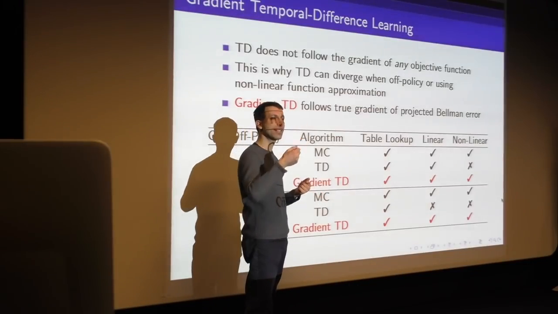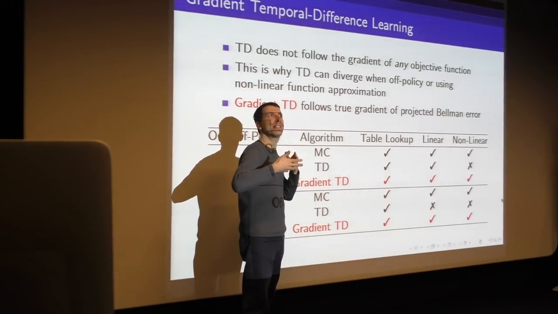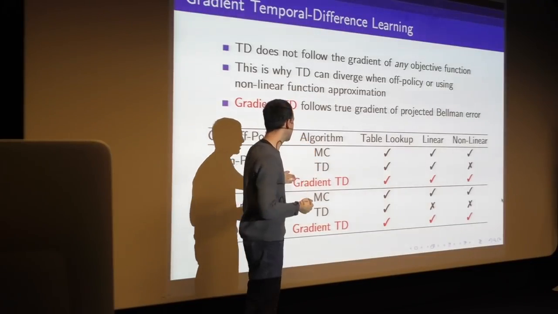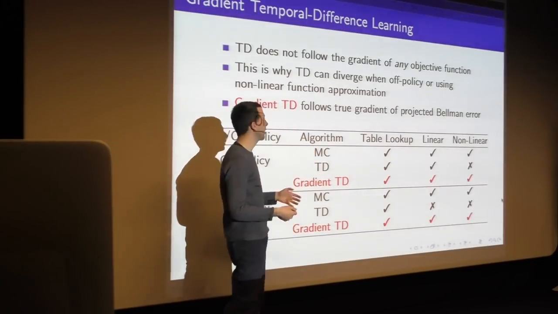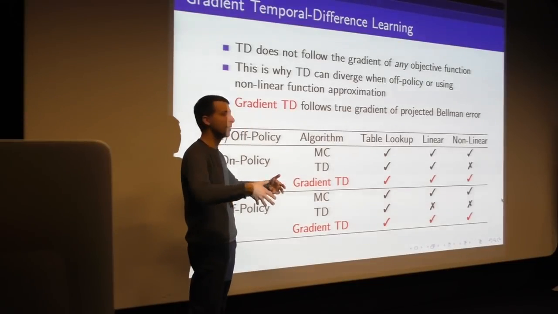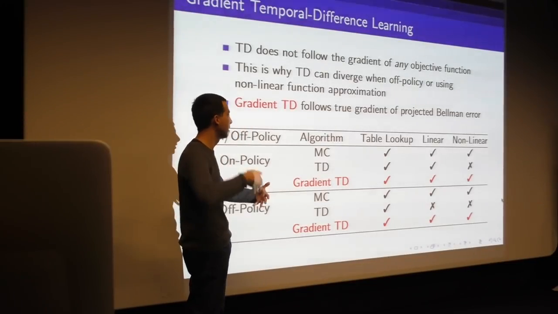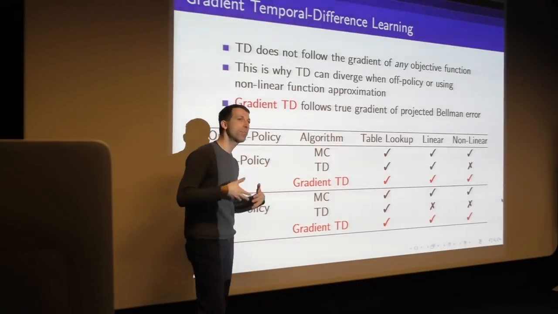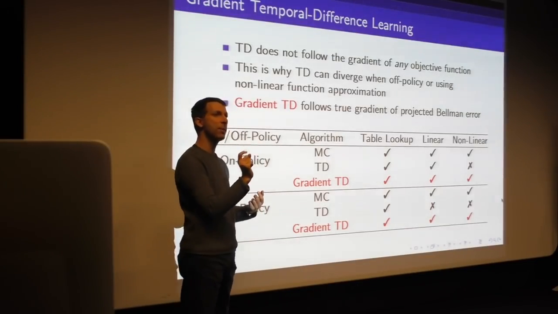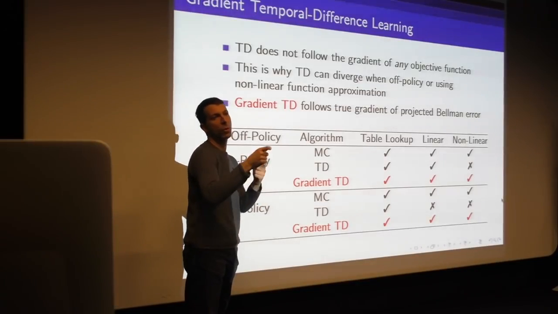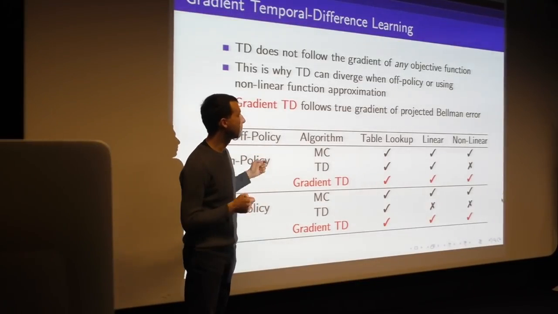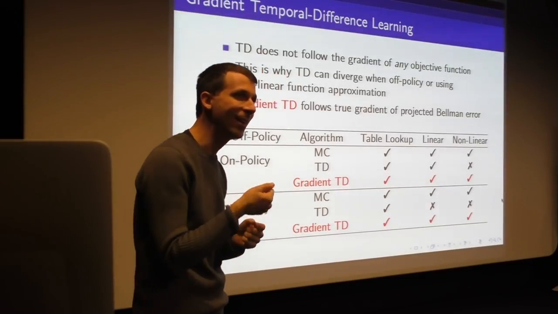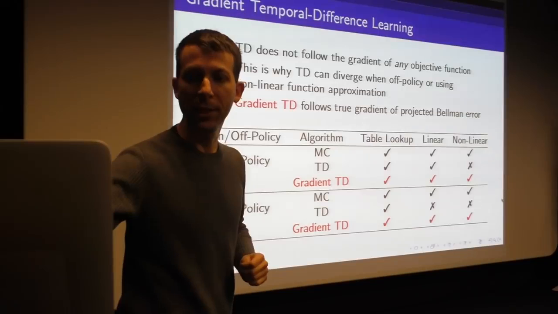Instead of just doing gradient descent, substituting in the TD target and hoping that it's still a gradient, this really follows the gradient of the projected Bellman error. That's a particular objective function. I don't want to get into the details now, but you can look it up. With just a small correction term, you basically end up with the same update plus one more correction term, and it fixes the problems that we see with TD learning. So you can get convergence, but you have to be a little more careful with TD.